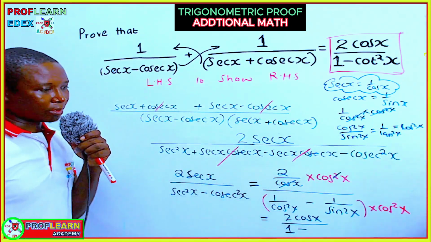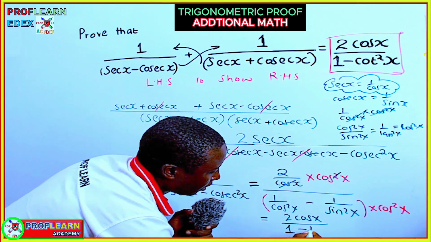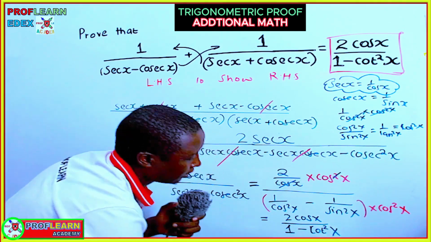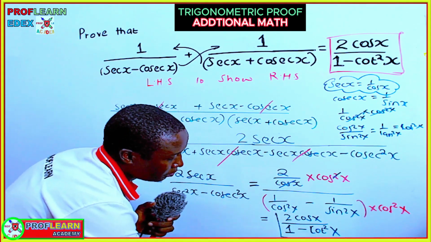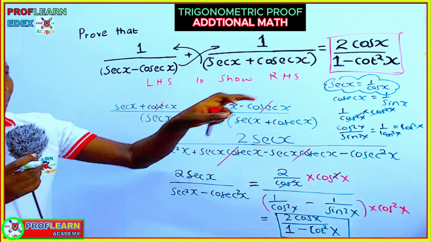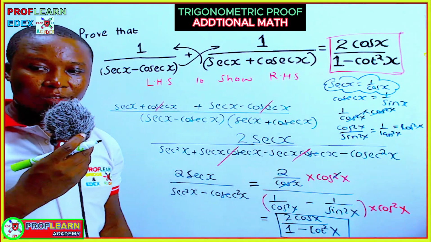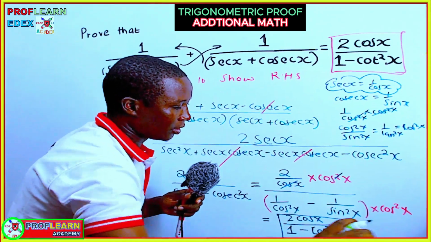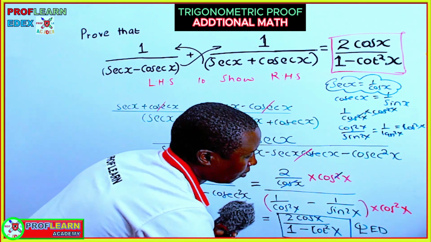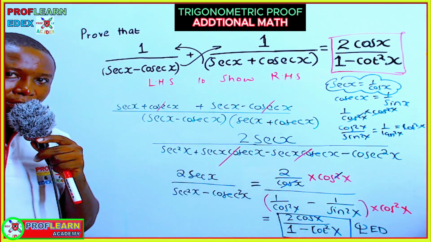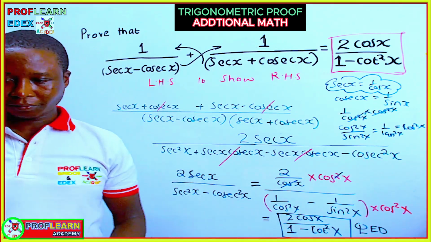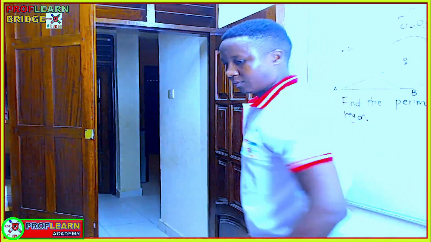So this term becomes cot squared x, and now this becomes the final answer which we were told to show. So we can now say this is QED, which means quod erat demonstrandum, which means that that is the end of the proof.